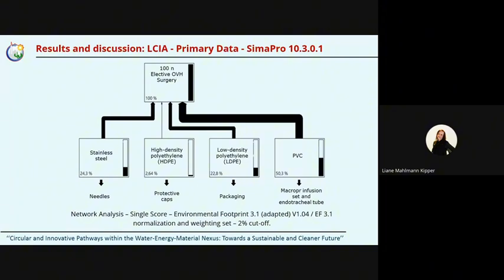This slide presents our network analysis, which uses a single score approach to aggregate different environmental impacts with a comparable value. By applying a 2% cutoff, we were able to filter out minor contributors and focus on the true environmental hotspots of the elective OVH procedure.